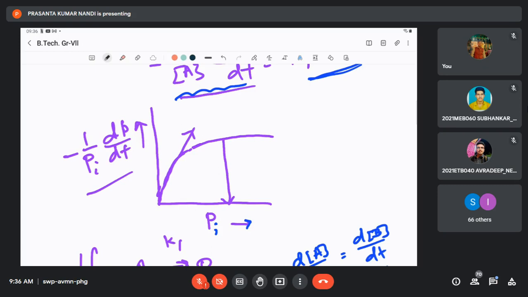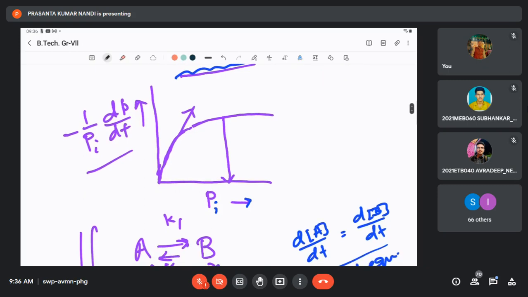And this rate equation, 1 by Pi dP/dt, if we plot against the partial pressure of azomethane, then we see a plot like this. Initially it increases steeply, and then the rate slightly increases or remains constant, parallel to the pressure axis.